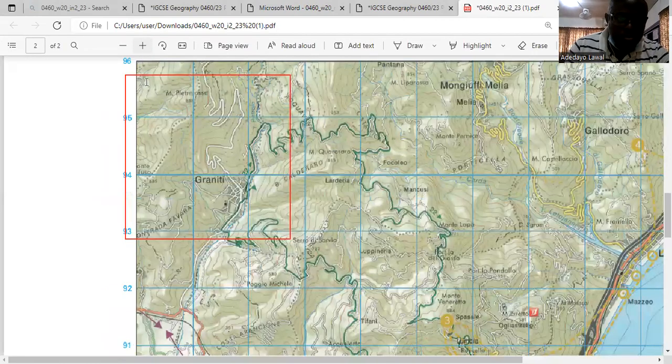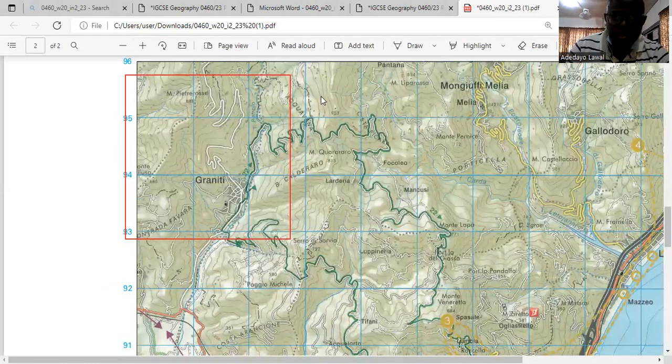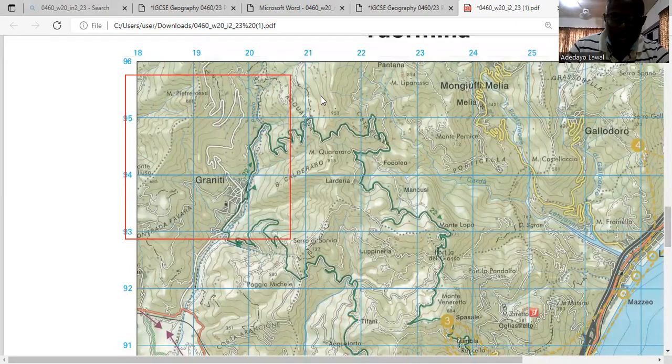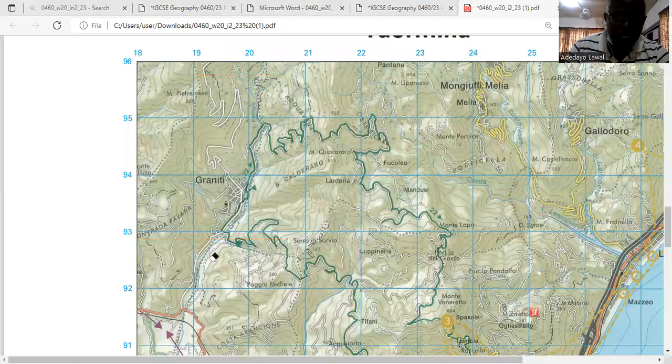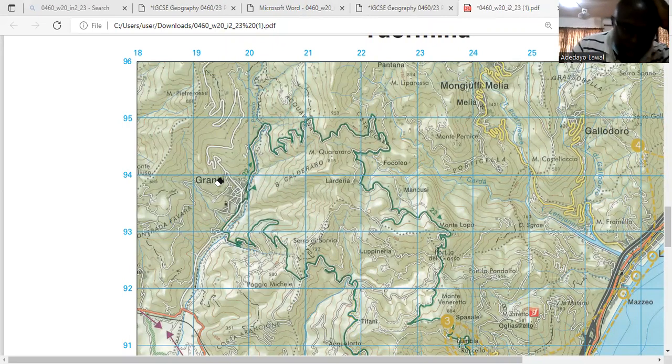So this region, let me take this square away so that it doesn't confuse somebody. From here, you can see that it's a hilly area. You can say it's hilly, slopey, a lot of mountainous terrain. Then you can talk about the spot height.